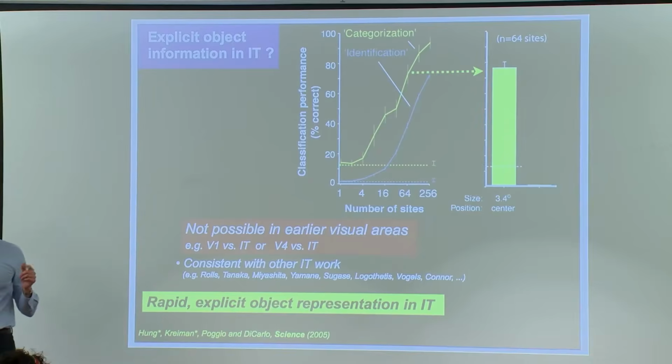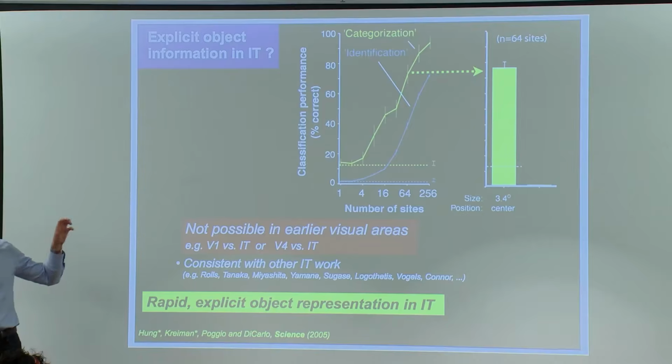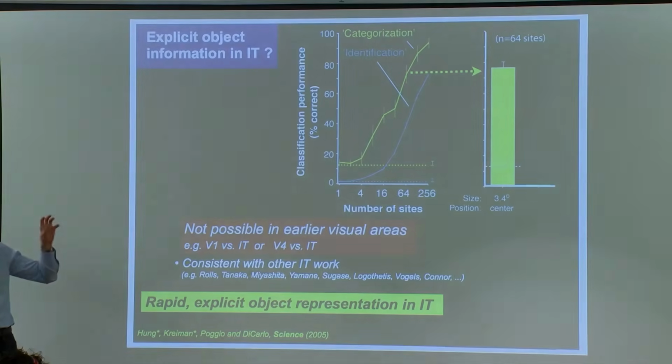There's categorization, which is whether you have the general class of object correct, like if it's a monkey versus something else. And then identification, which is whether you have the specific exemplar within that class correct. The identification task is harder, which is why the blue curve is below the yellow curve.